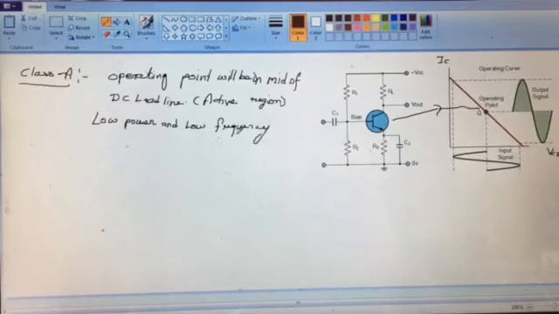The worst condition in this class A amplifier is that when the input signal is 0, then the output current IC is maximum. This will dissipate maximum power.